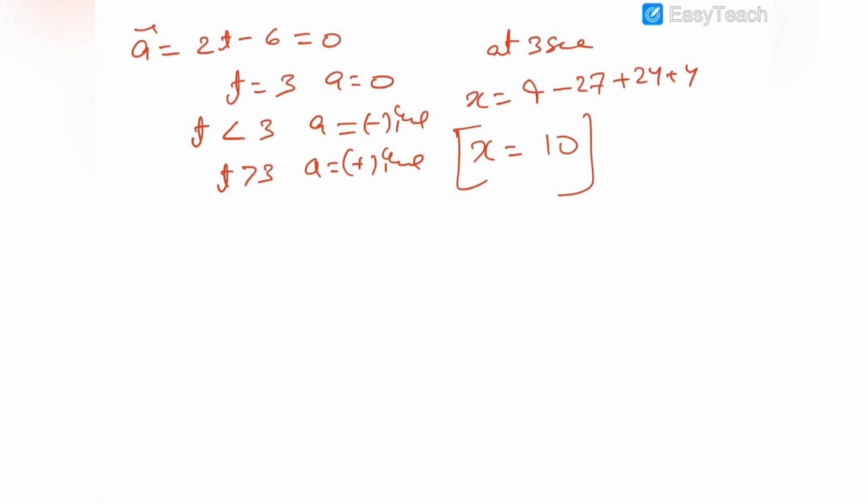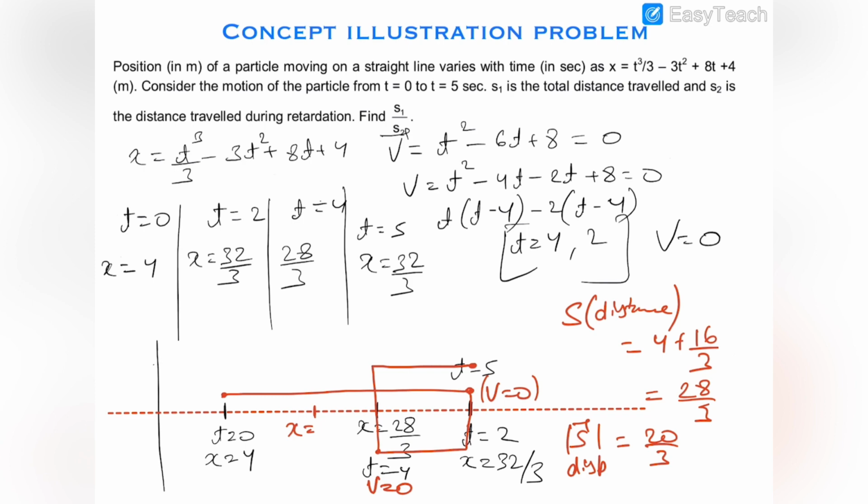So let us again draw the diagram. First of all, write down the time. We have to mark the time 0, 2 seconds, then 3 seconds, then 4 seconds, and then 5 seconds.